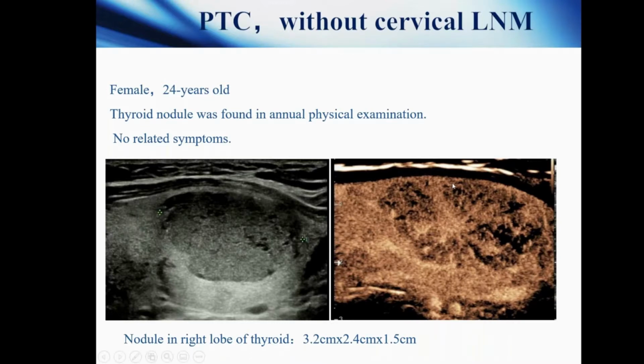We can see a mass with a maximal diameter of 3.2 centimeters, lobulated margin and some small cystic regions on ultrasonogram.